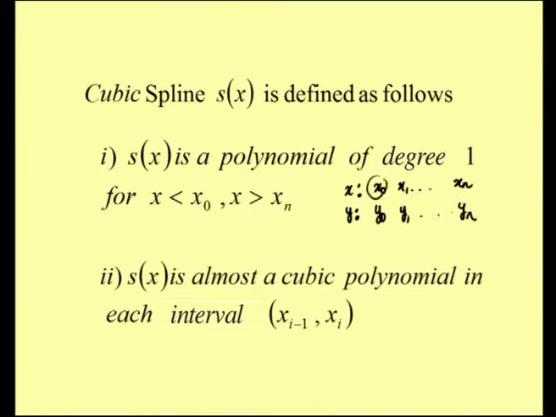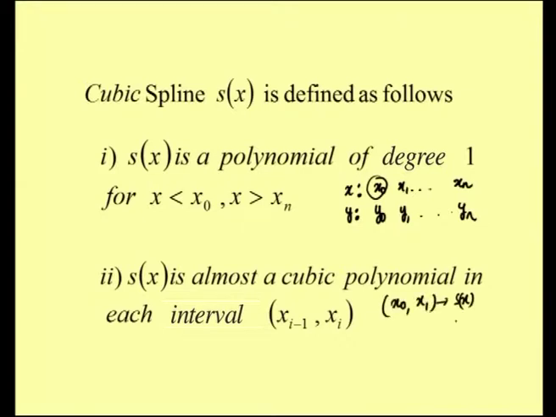If any x value is less than x naught or greater than xn, then S of x, that spline polynomial, becomes a polynomial of degree 1. It becomes a linear polynomial, and S of x is a cubic polynomial in each interval (x_(i minus 1), x_i).